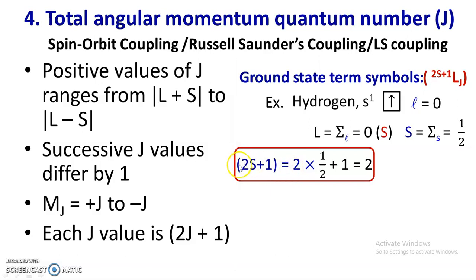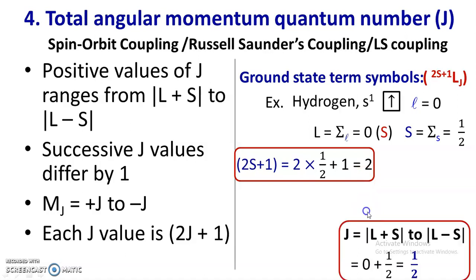Now the multiplicity, 2S plus 1, is equal to 2 into half, where this half is the resultant spin quantum number we have calculated here. So 2 into half plus 1 is equal to 2. So the multiplicity is 2.